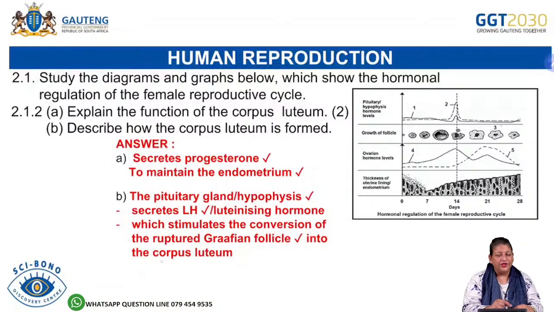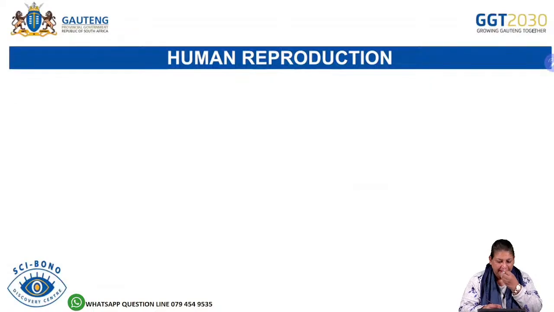The Graafian follicle will burst and release the ovum, called ovulation. Put everything in your answer, and then the ruptured Graafian follicle will be called the corpus luteum, which secretes progesterone. So that is the full answer of how the corpus luteum is formed. And then you go to the next slide.